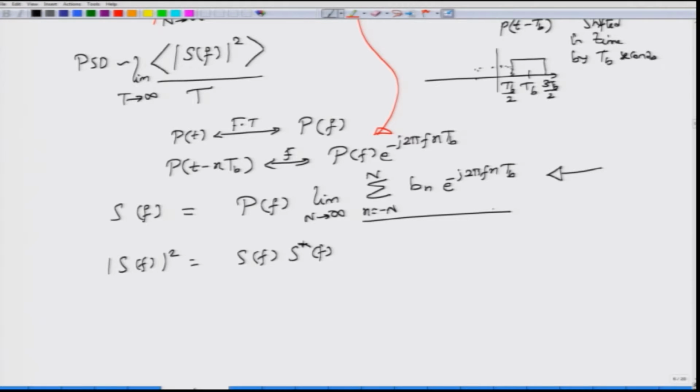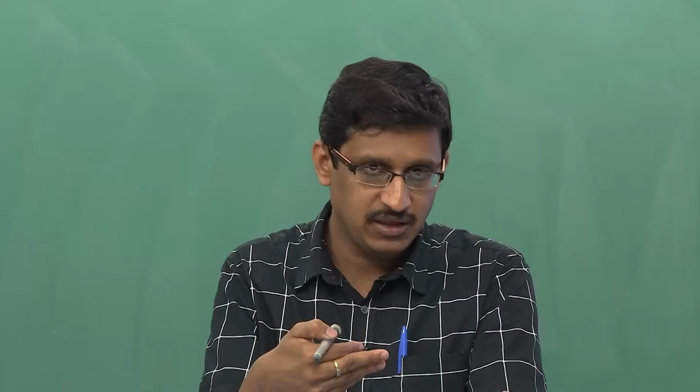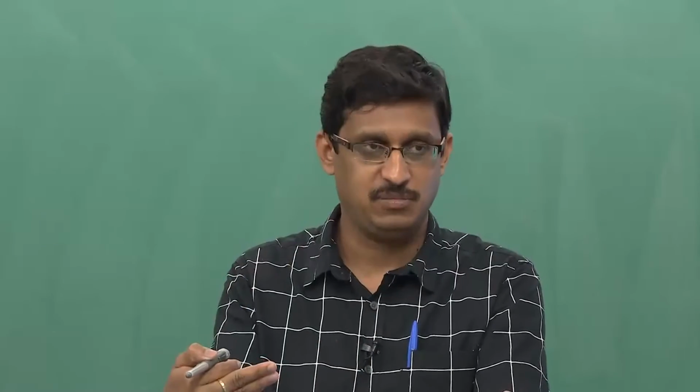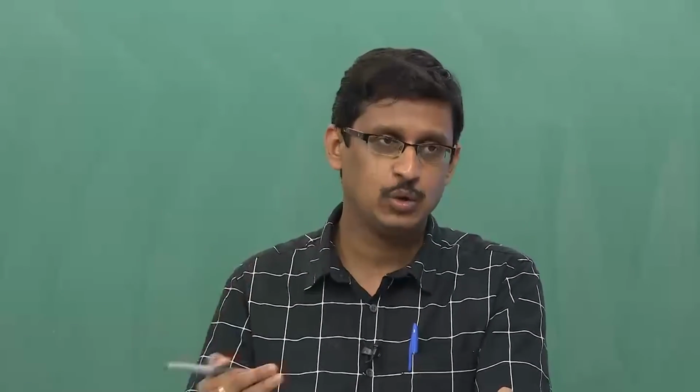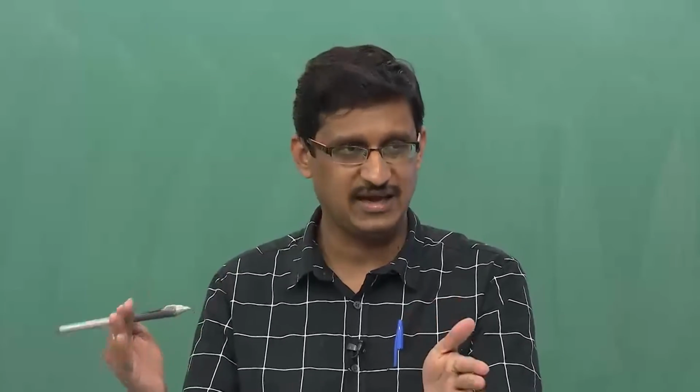When you have a summation like this, if you want to take the square, you have to actually put one more summation, because this is like a plus b and you want to take the square of that. So, you can obtain that by writing a plus b, then multiplying it by a plus b. Okay. So, you get a square plus ab plus ba plus b square. So, that is the actual way of writing it.